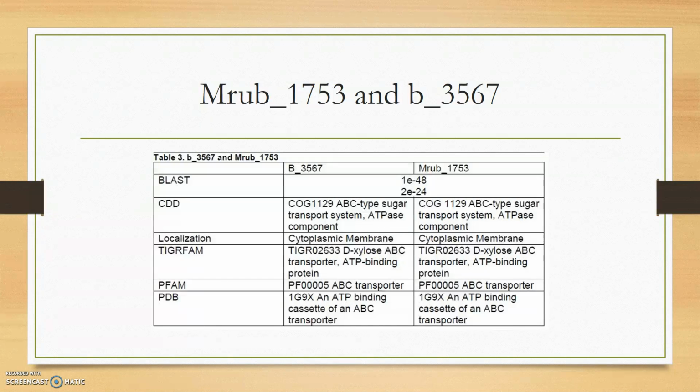The localization for these 2 genes agreed, but was strange in that these 2 genes showed they were highly likely to be within the cytoplasmic membrane, which is strange because in most ABC transporters, the ATP binding component is not in the cell membrane, it's in the cytoplasm, and connects to the permease component.